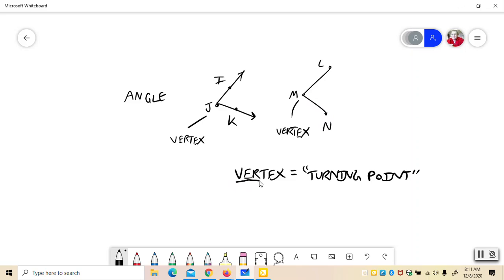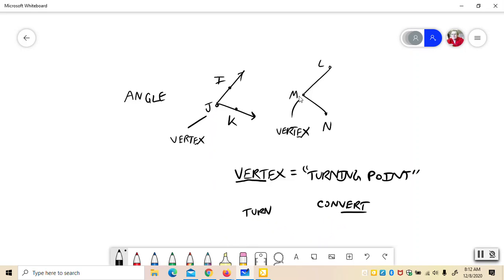The vert means turn in Latin. So like if you convert something, you're changing it into something, turning it into something else. Okay, you don't need to know all that stuff though.